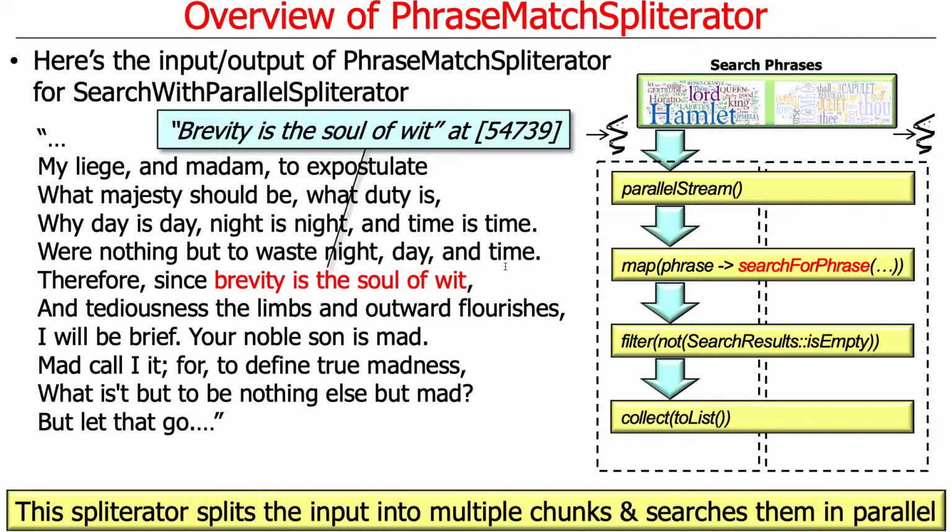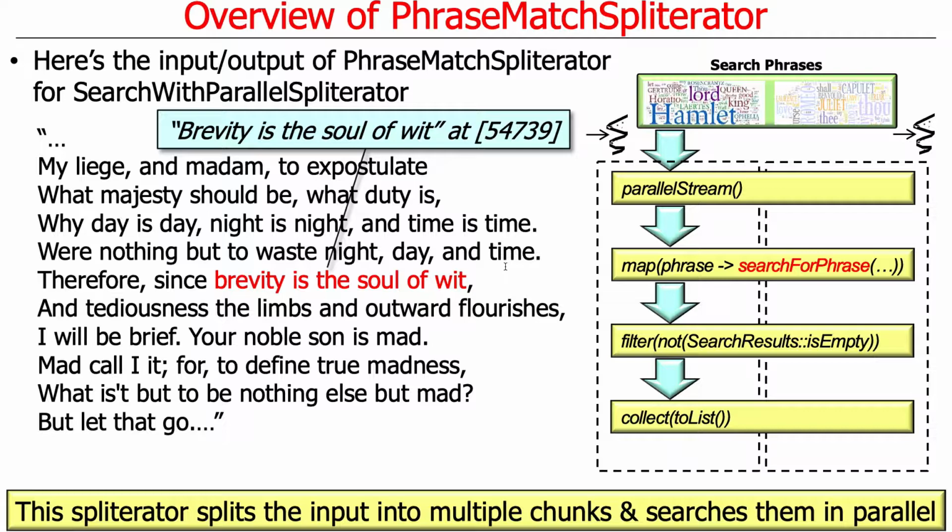Here's what this kind of looks like. Let's assume that we've got all the works of Shakespeare, and we're trying to find the famous quote from Hamlet, "Brevity is the soul of wit," and we don't know where that appears. So we would search, and as you can see, "Brevity is the soul of wit" shows up at this index from the start of the play Hamlet. The splitterator is going to split the input up into multiple chunks and search them in parallel.